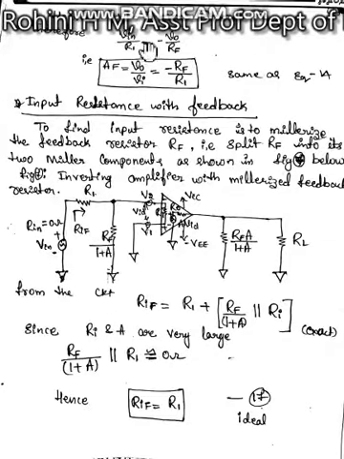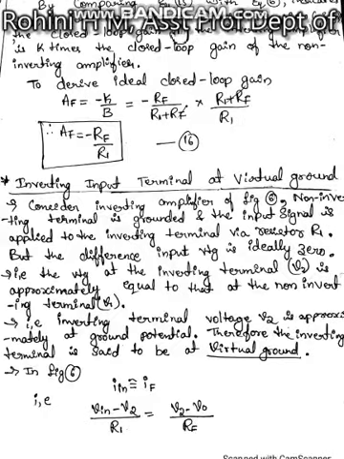However, according to the virtual ground concept, in the ideal condition both voltages must be the same. Since V2 is connected to ground, V1 must also be equal to ground.